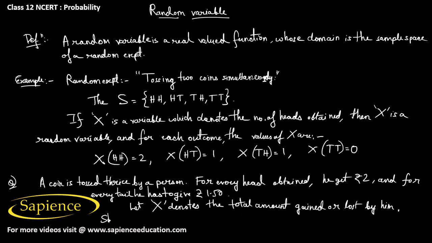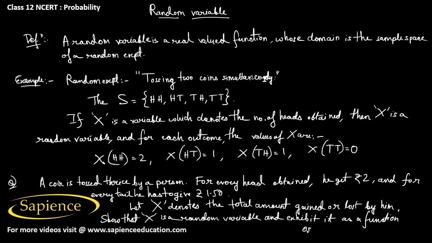It has been asked to show that x is a random variable, and we have to exhibit it as a function on the sample space of the experiment.